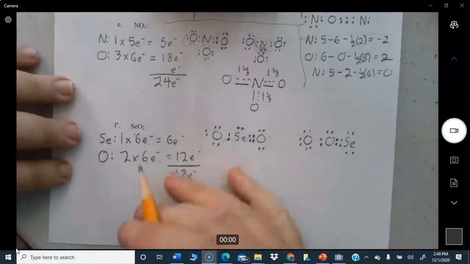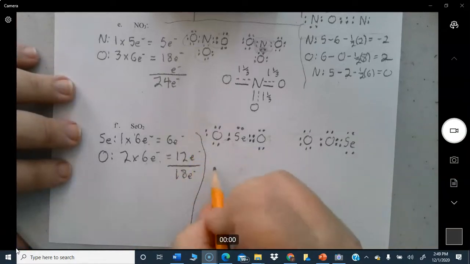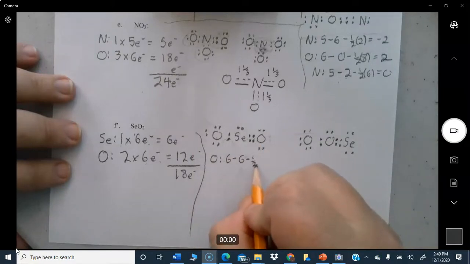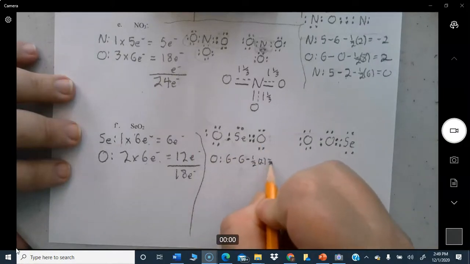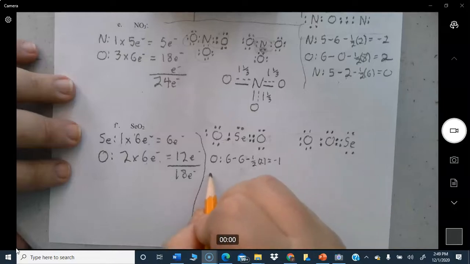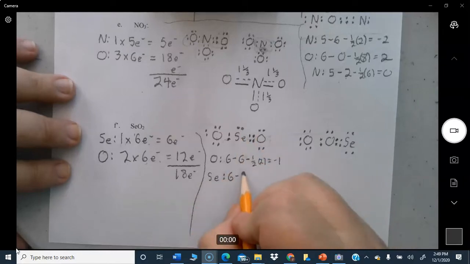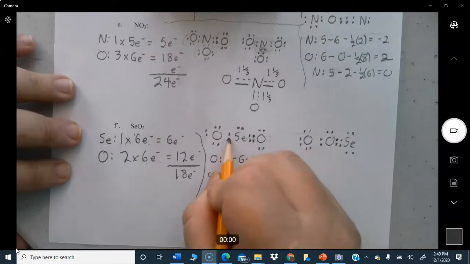All right, so let's do the formal charge on this one. 6 minus 6 lone pair minus half of 2 equals -1. So we already have a charge there. Selenium there has 6 valence electrons also, minus 2 lone pair, minus half of 1, 2, 3, 4, 5, 6.